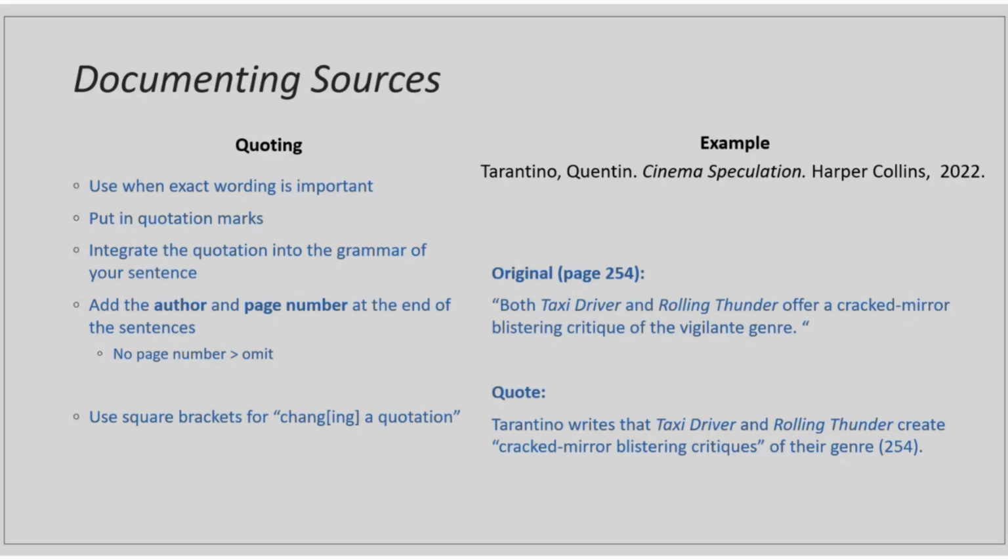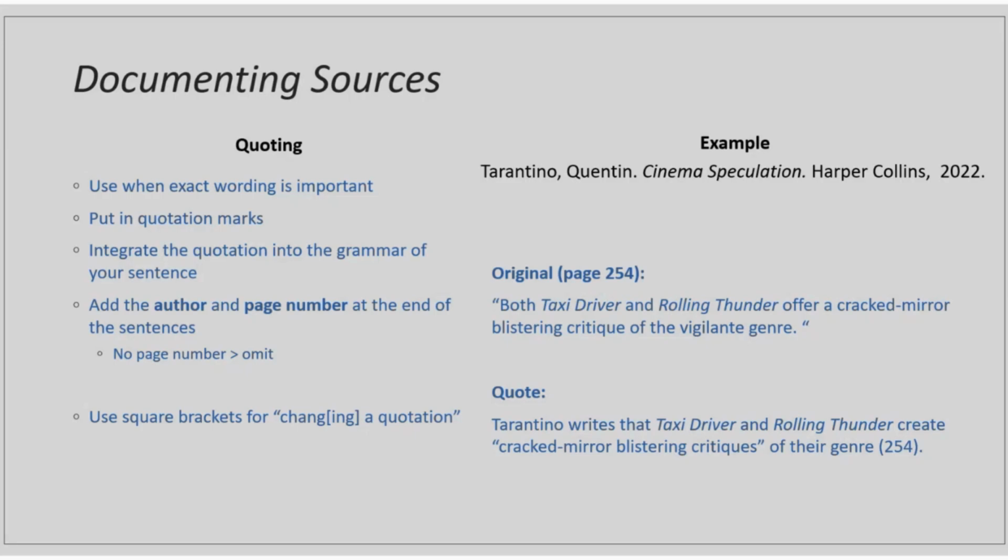So you can see why the writer would quote "cracked mirror, blistering critiques." That's very unique wording. It might be that that wording is very important for the writer to then go on and analyze what that means in terms of these films. And another thing you can see is how the quote is integrated into the grammar of the sentence.